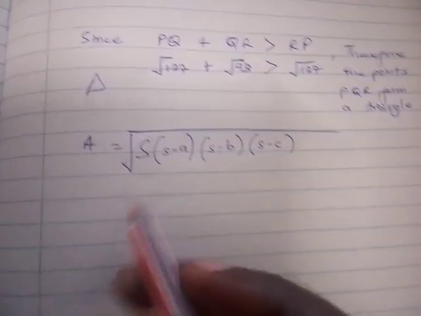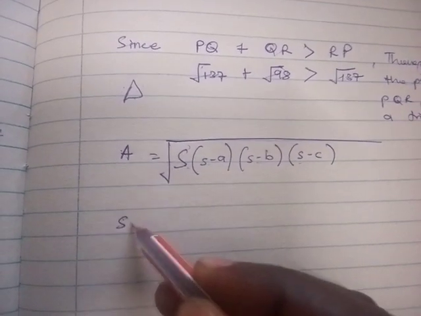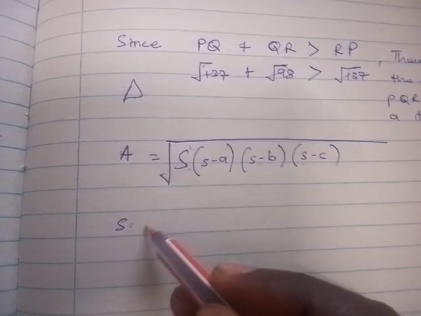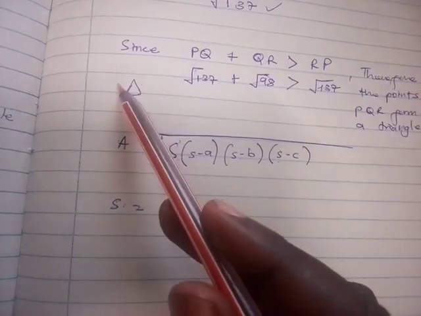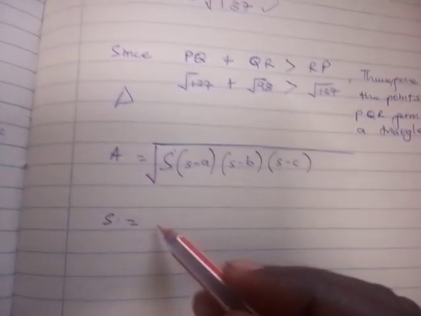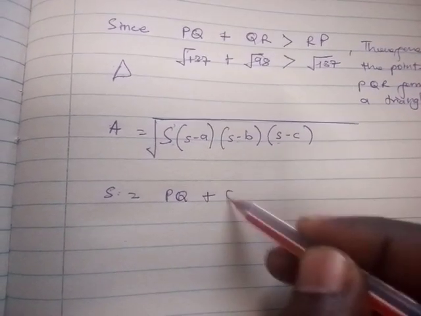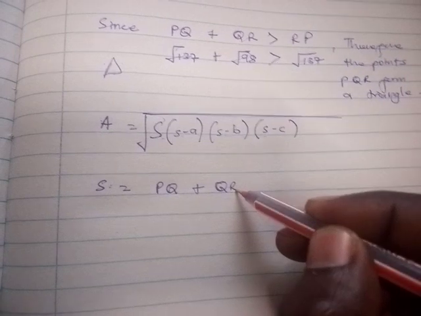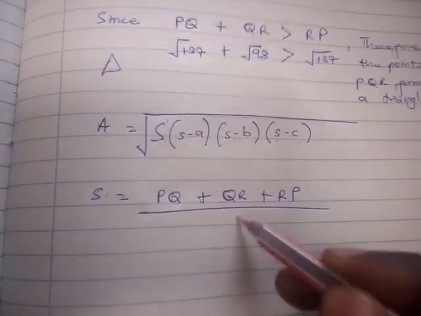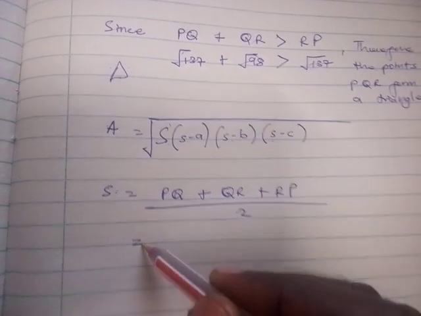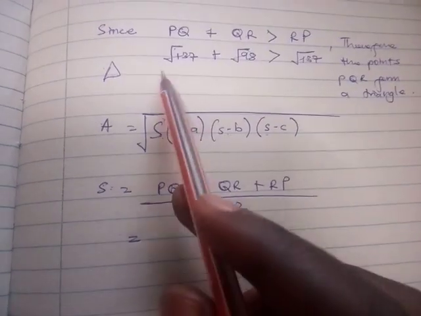So which means we have to first get the semi-perimeter. The semi-perimeter S will be equal to, remember, for the perimeter you add this side plus this side plus this side. So the sides we had were P2 plus 2R, then plus RP. But remember we had the length of P2, if you remember very well, it is up here.